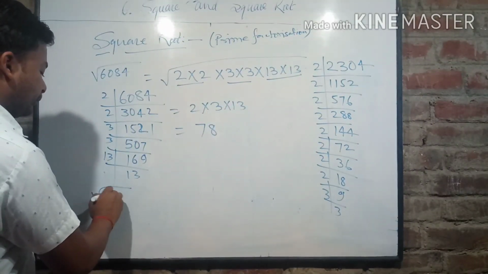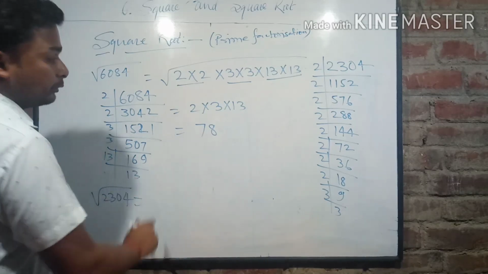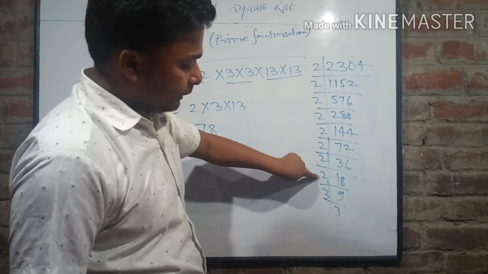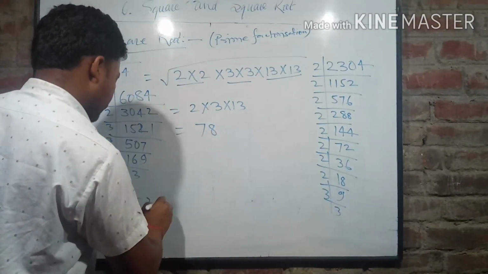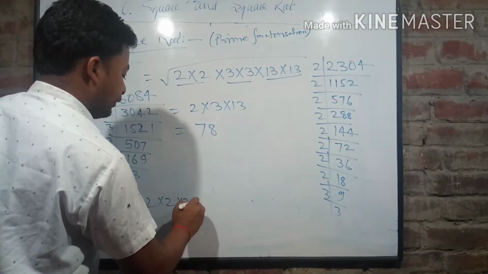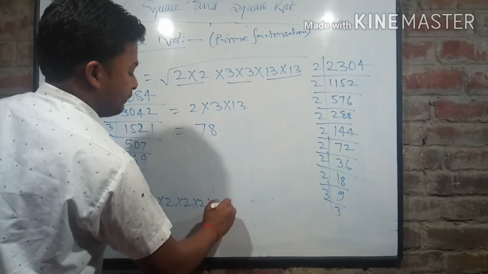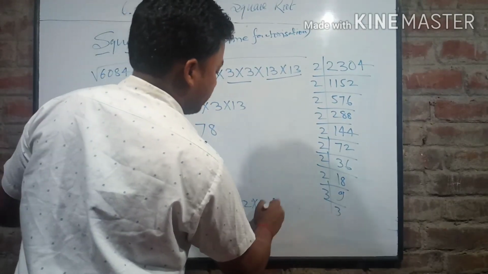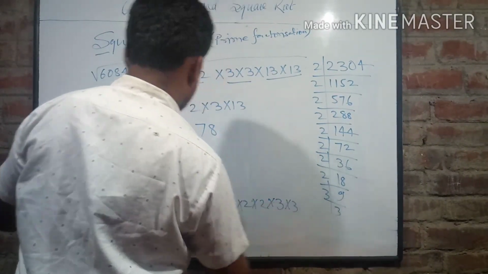Square root of 2304 is equal to how many 2s? 1, 2, 3, 4, 5, 6, 7, 8. There are 8 2s, and 2 3s are here.